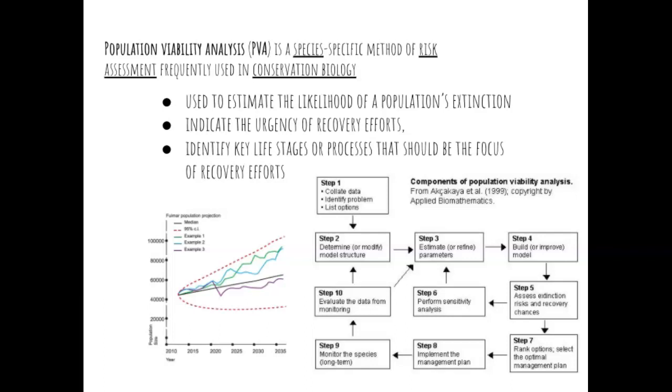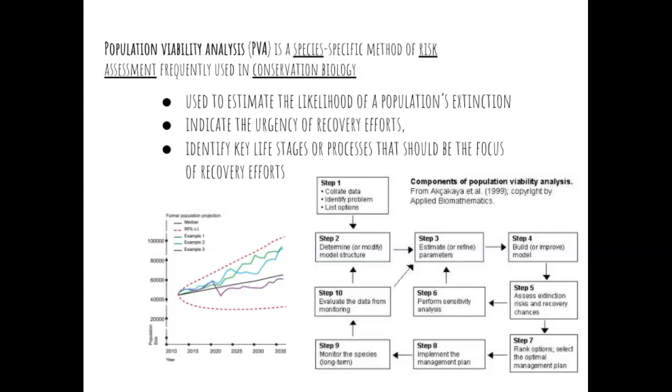There are several steps in this. You collect data, identify your problem and list your options, then determine or modify the model structure. You then estimate or refine parameters, including parameters you don't have data for. Then you build or improve your model. You assess the extinction risk and recovery chances, and then you perform a sensitivity analysis, which shows if your model is particularly sensitive to a particular type of change or perturbation.